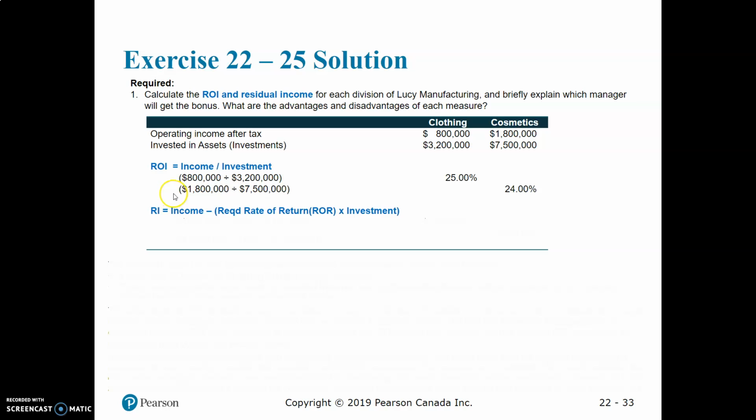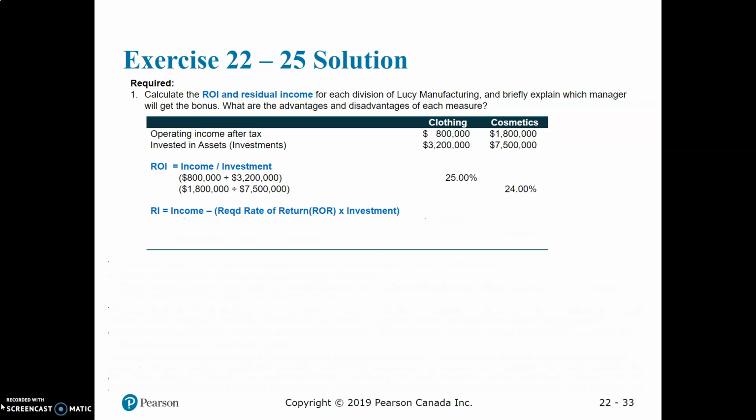Now to calculate the ROI for the cosmetics division, we know that the after-tax operating income is $1.8 million. Divide that by the $7.5 million of invested assets in that division. It gives us an ROI of 24% for the cosmetics division.